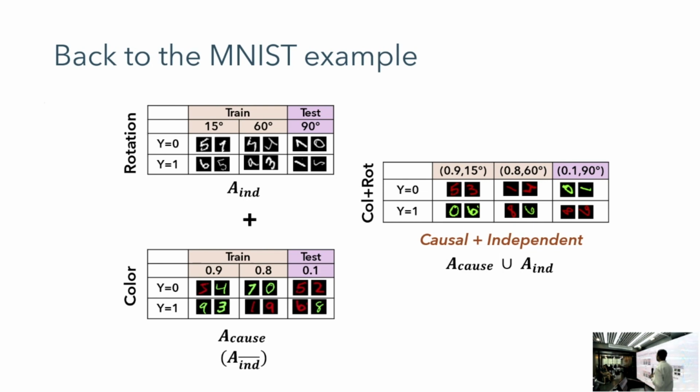So in the MNIST example, rotation would be a int. Doesn't matter, doesn't correlate with the outcome. Color would be a cause, because the way this data set has been created, color and outcome share a correlation. And finally, we'll create a new data set just to test our method, which would be combining both of them. So having a data set which has both attributes, a cause as well as a int.